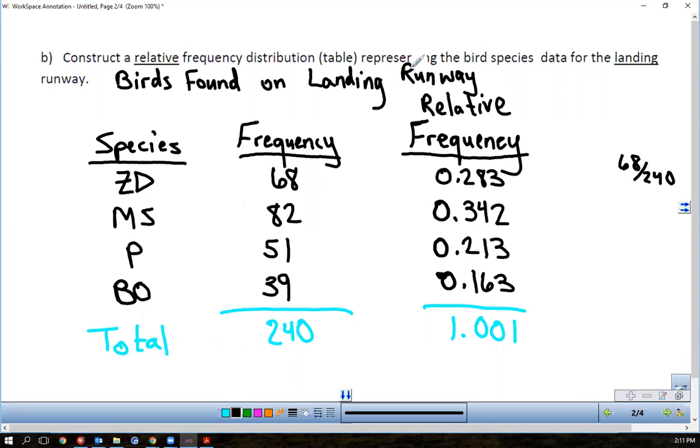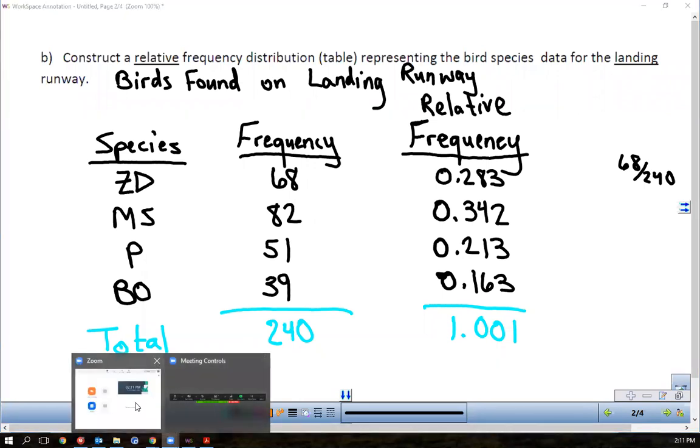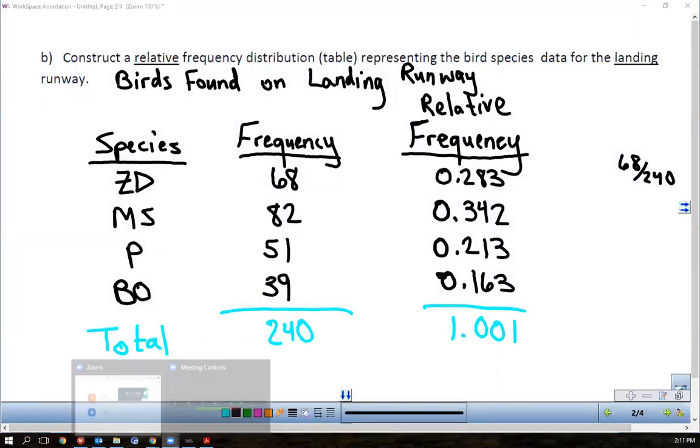Let me see if I can get the chat to come up, make sure there's no virtual questions. I can't read that. Can relative frequency be a fraction?